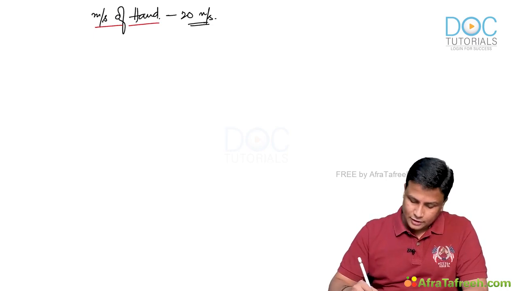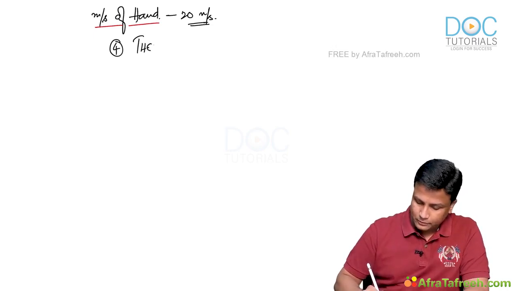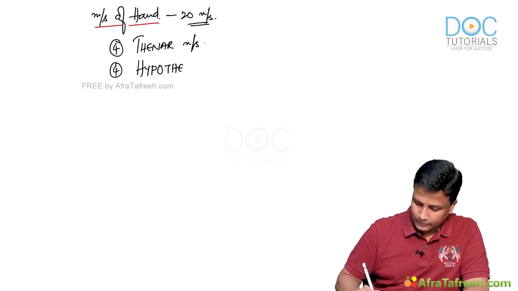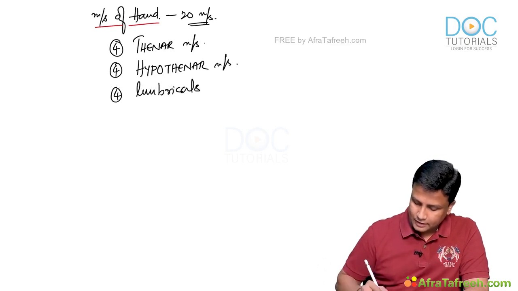Now, out of these 20 muscles of the hand, remember, there'll be 4 thenar muscles. And then there will be 4 hypothenar muscles. And then you'll be having 4 lumbricals. And then there will be 4 interossei.